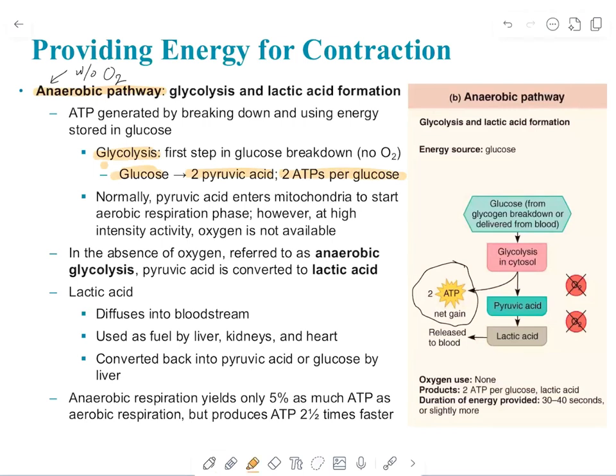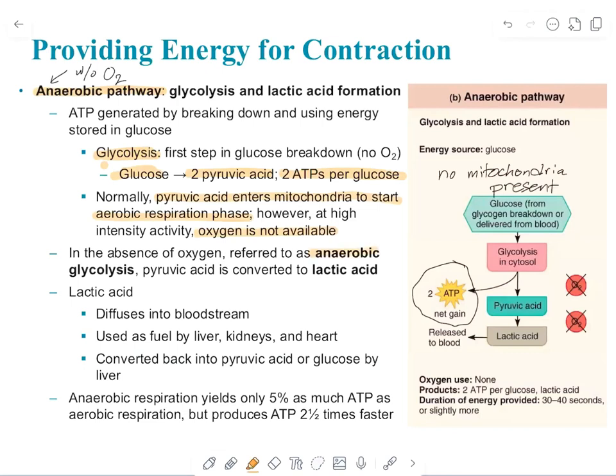Normally, pyruvic acid enters the mitochondria to start aerobic respiration, but since we don't have oxygen, that can't happen. So this occurs when no mitochondria are present, so it's called an anaerobic atmosphere.